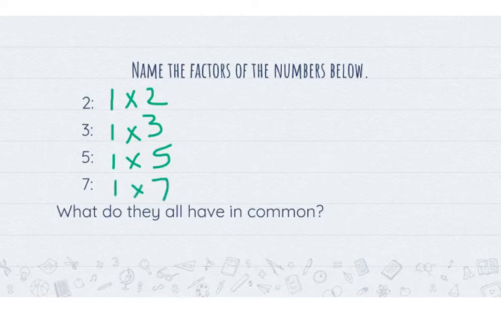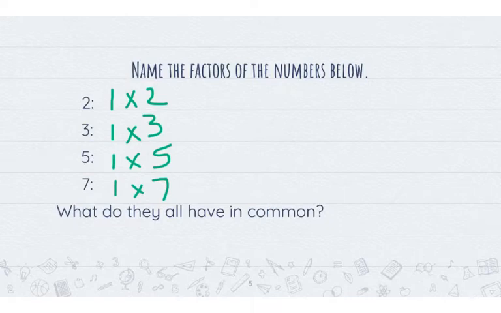What do all these have in common? You could say, Mr. Marcolini, they all have 1 as a factor, and I would say you are correct. Each of those also only has 2 factors: itself and 1.